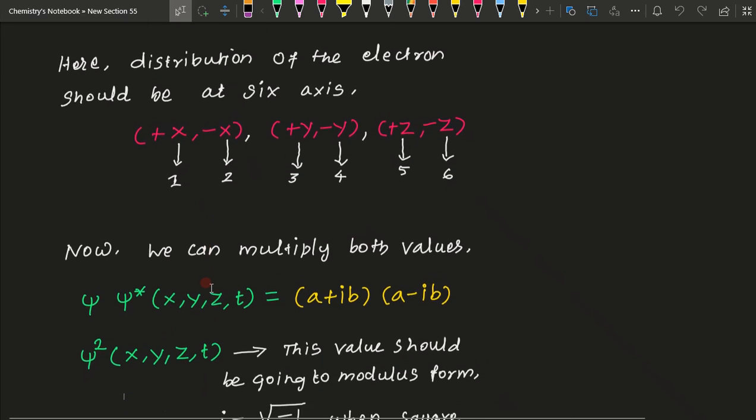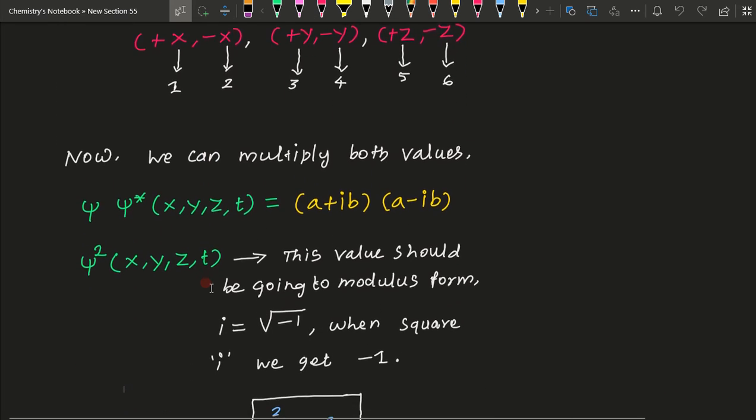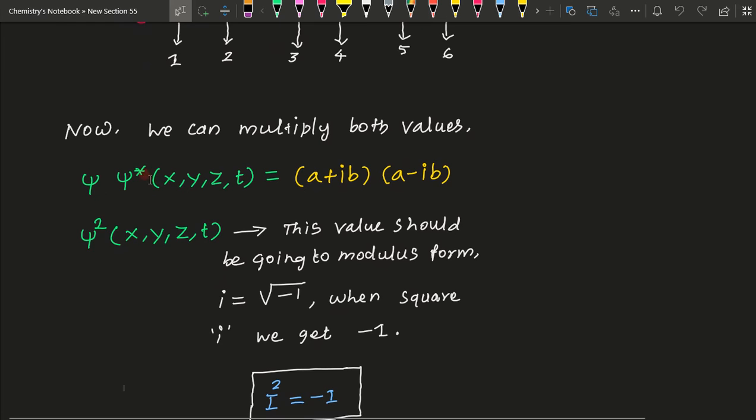Now we can multiply both values. Psi star times psi equals a plus ib times a minus ib, and this value is going to be in modulus form.